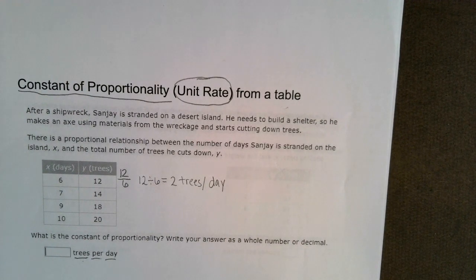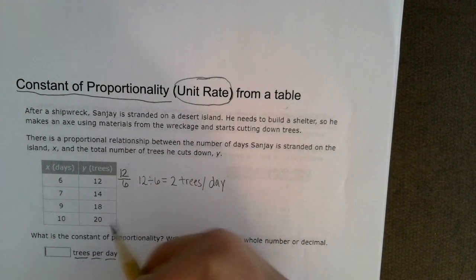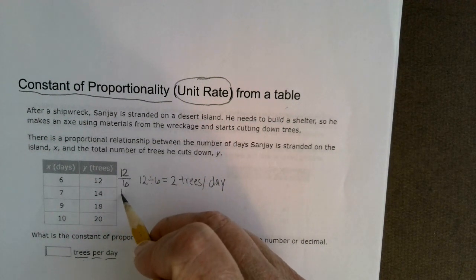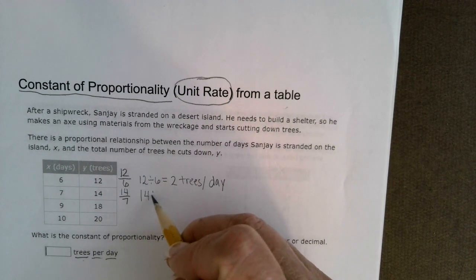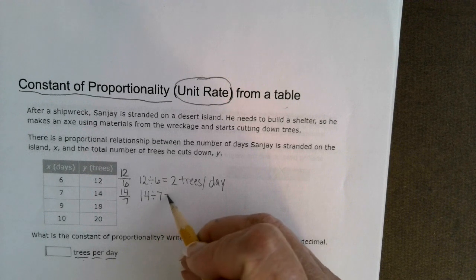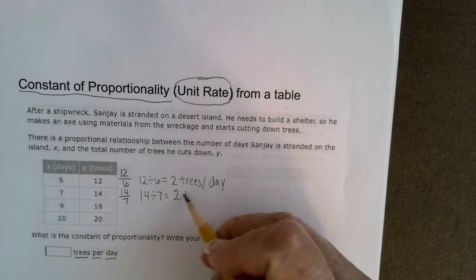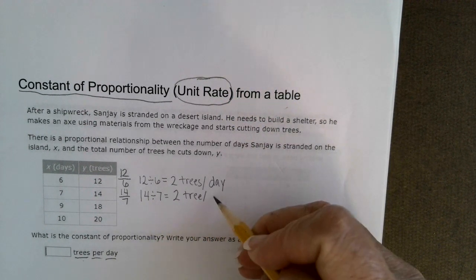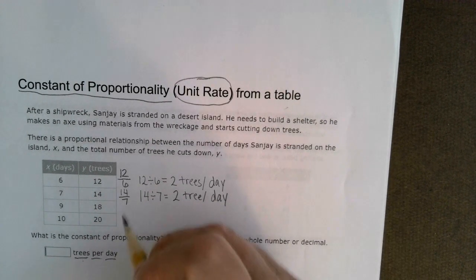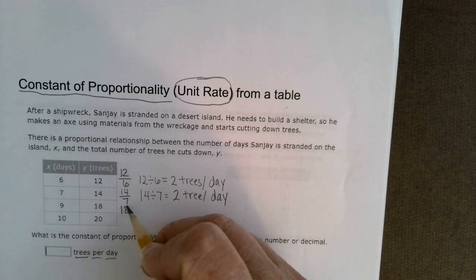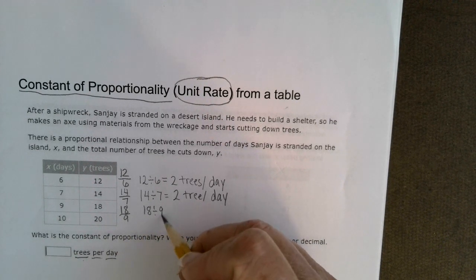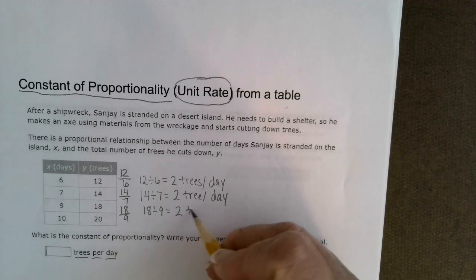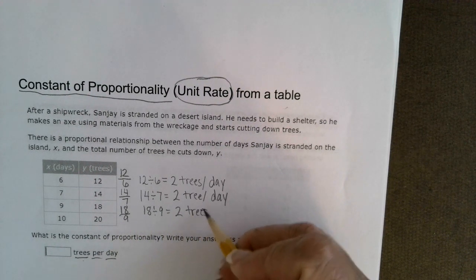And since there is a proportional relationship, anywhere I go in that table and I put the number of trees over the number of days, and then I divide that out to get the unit rate, it's going to give me 2 trees per day. 18 over 9 is 18 divided by 9, and that's 2 trees per day.